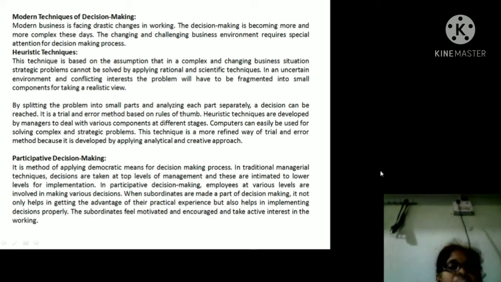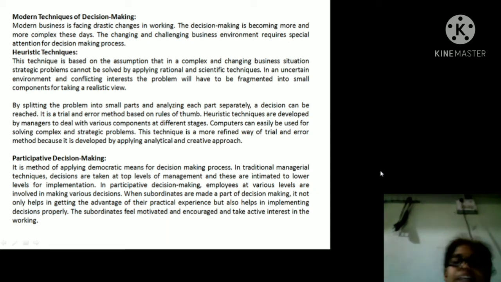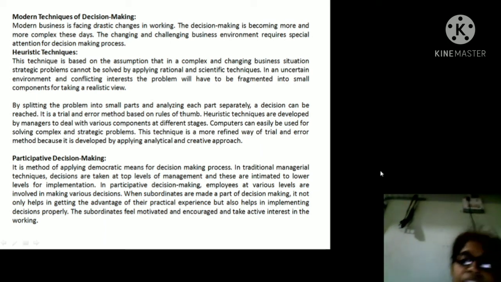It is a trial and error method based on rules of thumb. So heuristic techniques are developed by managers to deal with various components at different stages.